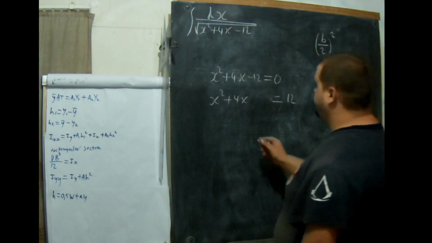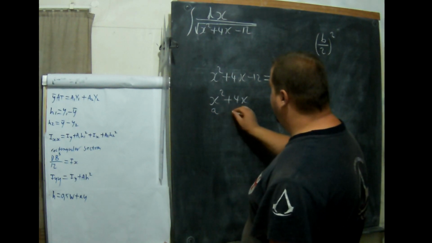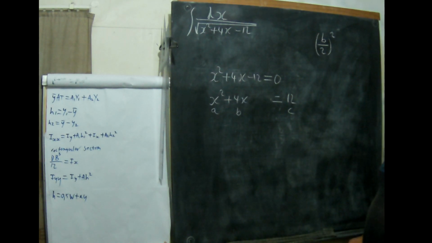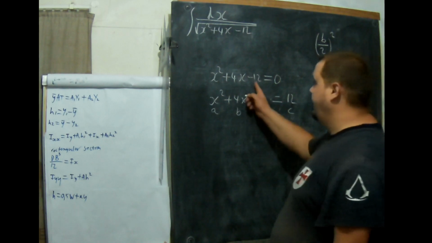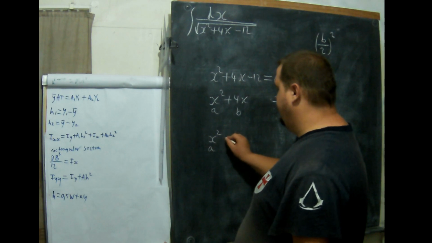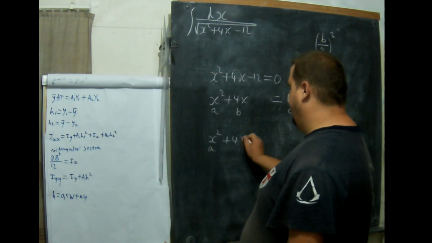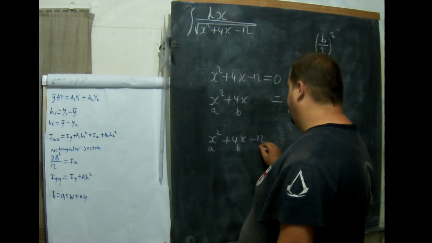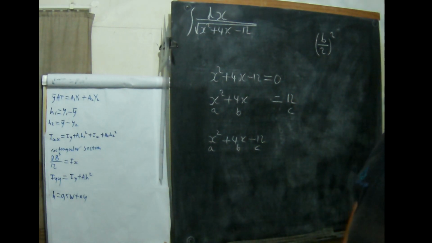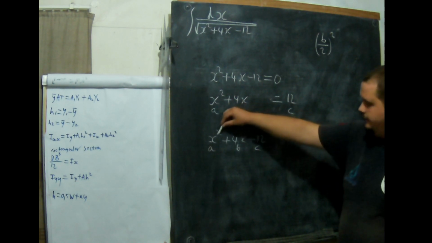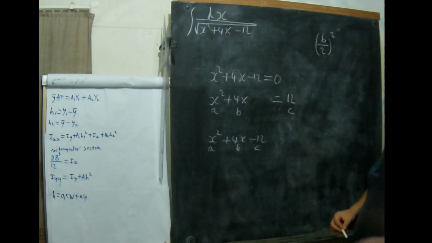So, this is A, that is B, and that is C. Remember, when you're dealing with trinomials, x squared is A, plus 4x is B, minus 12 is C. That is how they are lettered. Each part of it is lettered that way.